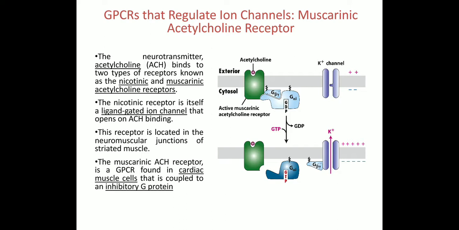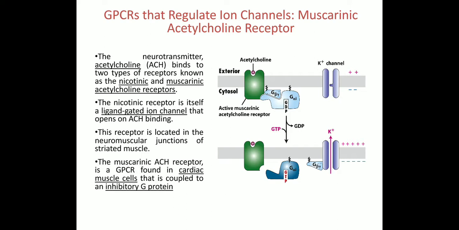Binding of acetylcholine to these receptors slows the rate of heart muscle contraction by causing long-lived hyperpolarization of the muscle cell membrane. This activation of the muscarinic acetylcholine receptor, which is coupled to G inhibitory proteins, leads to the opening of the associated potassium channels, and the subsequent efflux of K plus ions causes the hyperpolarization of the plasma membrane.